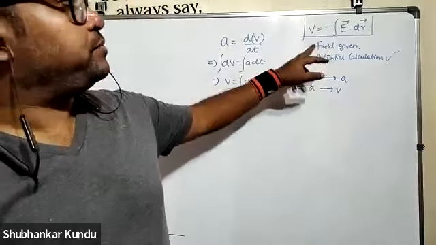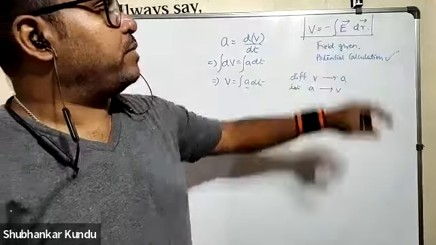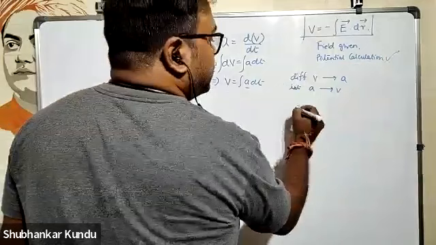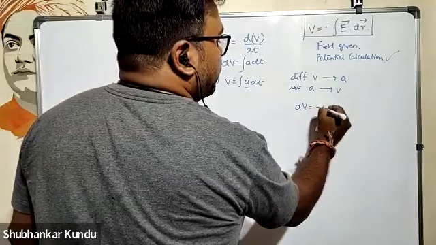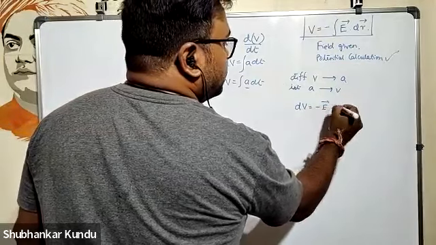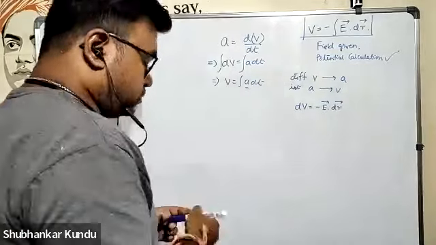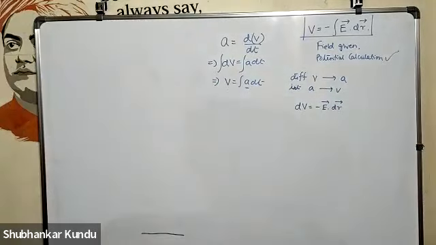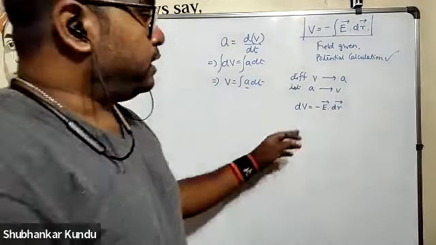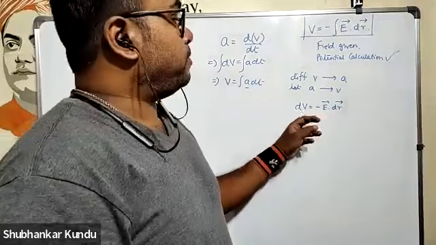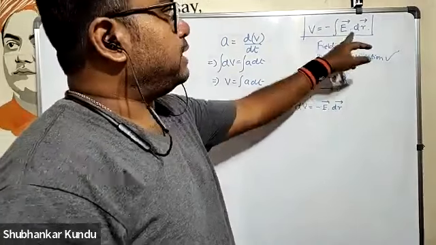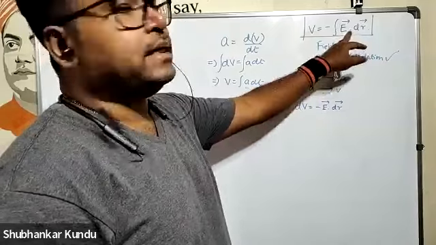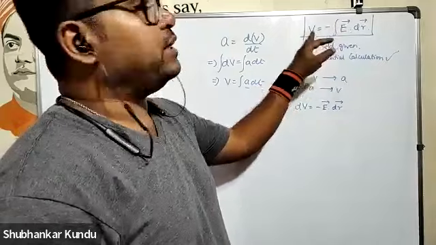Now, tell me one thing. We are having v is equal to minus e dot dr. What was the earlier step? For a small dv is equal to minus e dot dr. This was the earlier step. Now you can say, by integrating e, we are getting v.